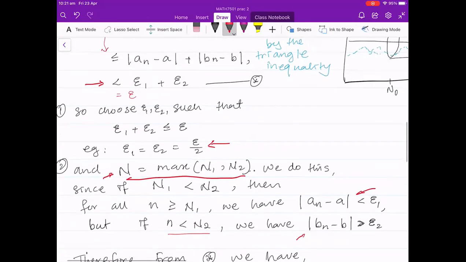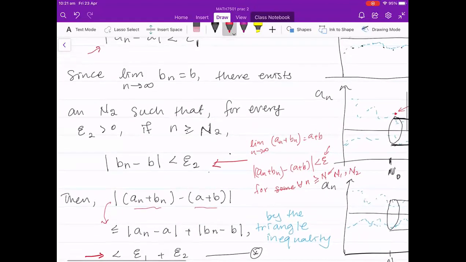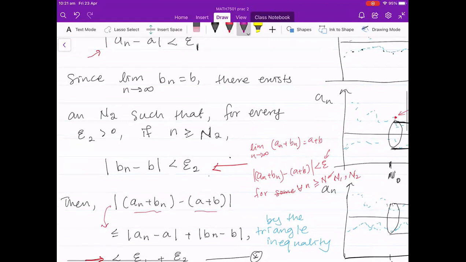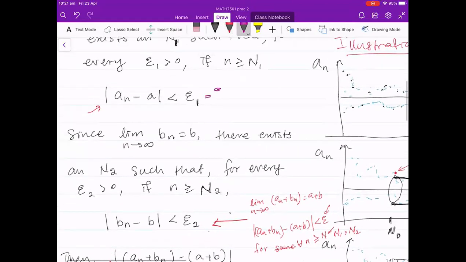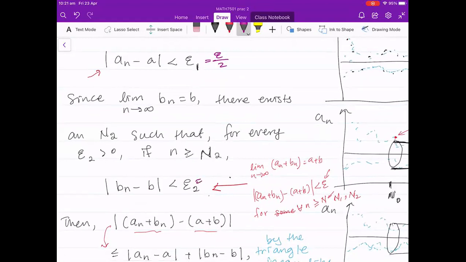Therefore, from here, we could go back and say, let epsilon 1 be equal to epsilon over 2, and let epsilon 2 be epsilon over 2.